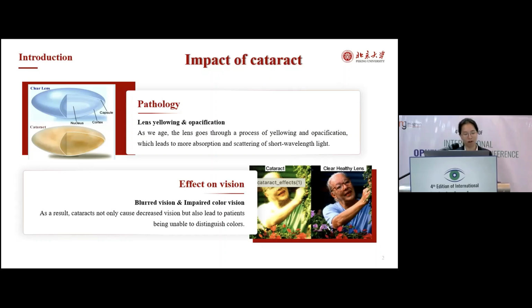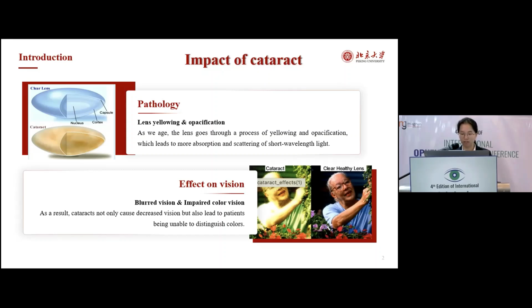So what causes the color vision impairment? The answer lies in the lens itself. As we age, the lens undergoes progressive yellowing and opacification. This process is driven by the accumulation of photo-oxidative damage, protein aggregation, and changes in lens fiber structure. The consequence is increased absorption and scattering of short-wave light, specifically blue and violet.